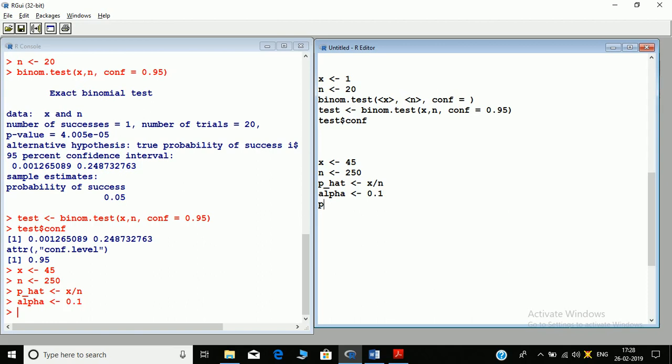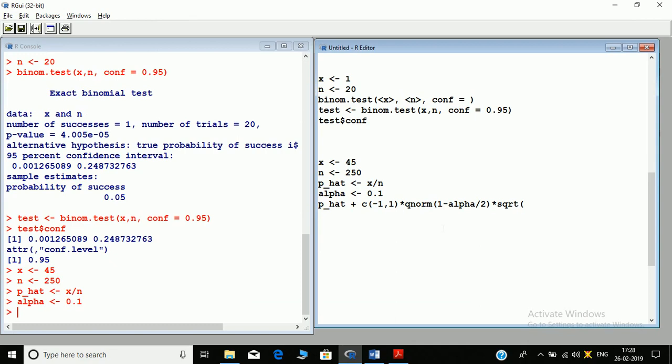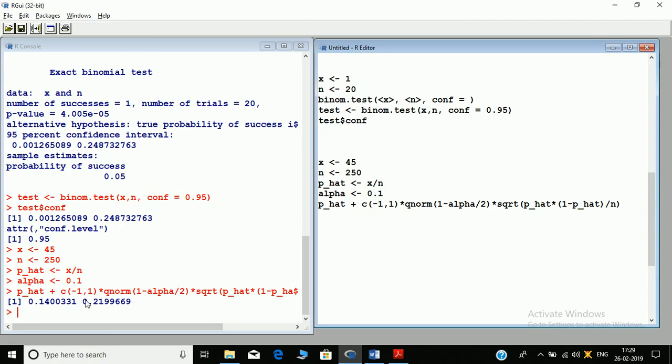CI is p hat plus c of minus 1, 1 into q norm 1 minus alpha by 2, into sqrt of p hat into 1 minus p hat, whole divided by n. Okay, so this is the confidence interval.